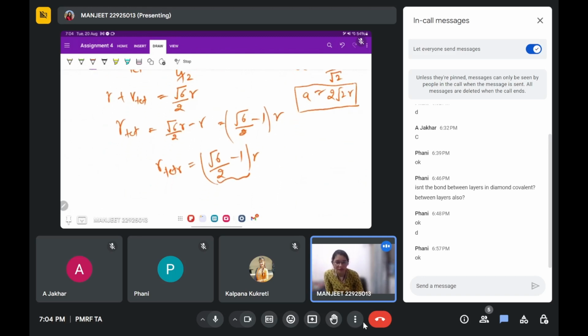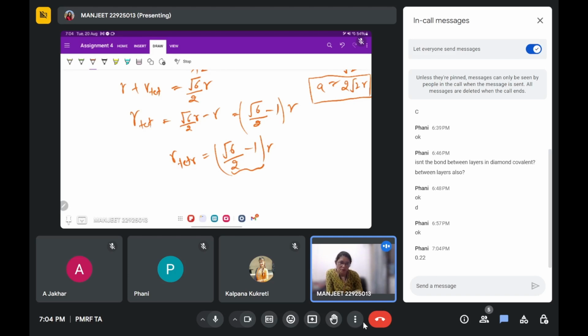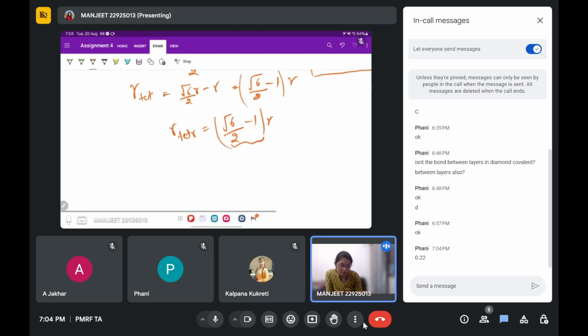Please let me know. Root 6 divided by 2 minus 1. So, okay, Pani, it is around 0.22 R.